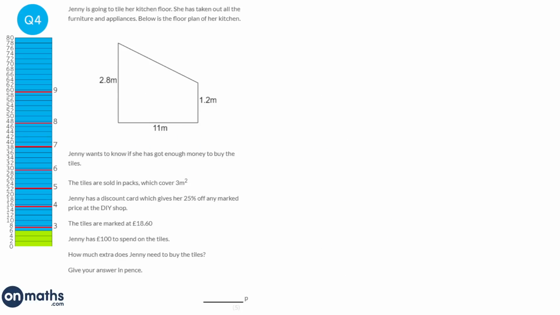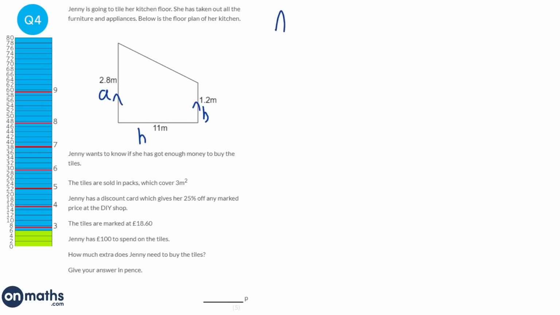The first thing we need to do is work out the area of the floor, and you'll notice that this is a trapezium. So with a trapezium, the formula is half A plus B times H, and A and B are the parallel sides, and the height is the one connecting the two bases, the two parallel sides.